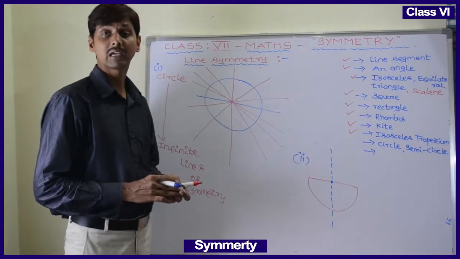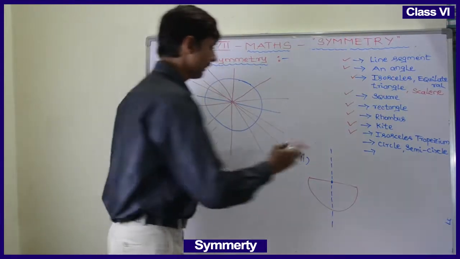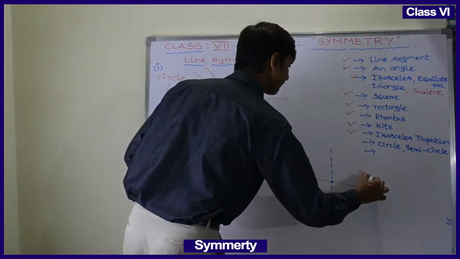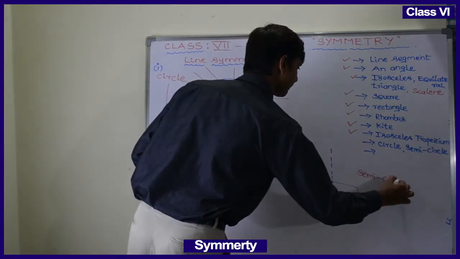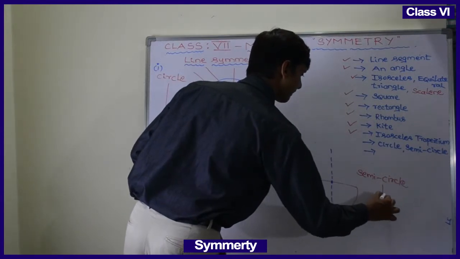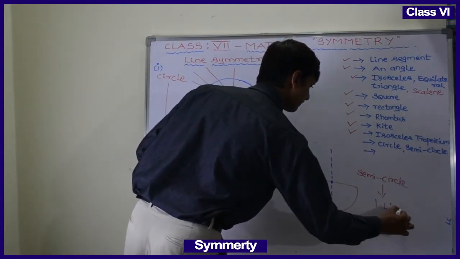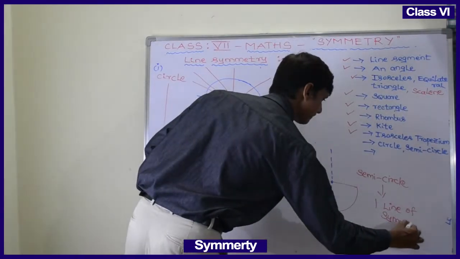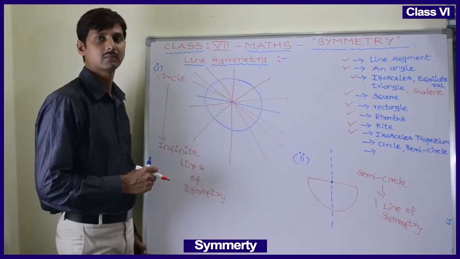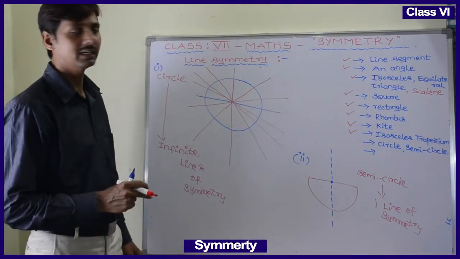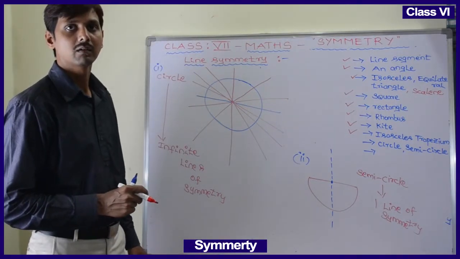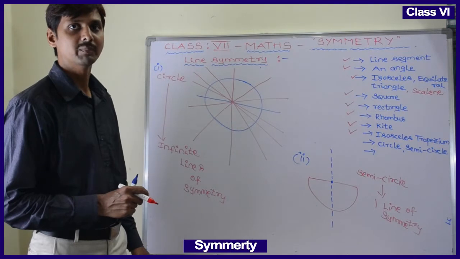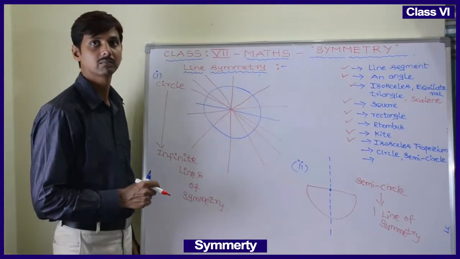So there is only one line of symmetry for a semicircle. So these are the figures we have taken, and we've drawn lines of symmetry for all these figures.